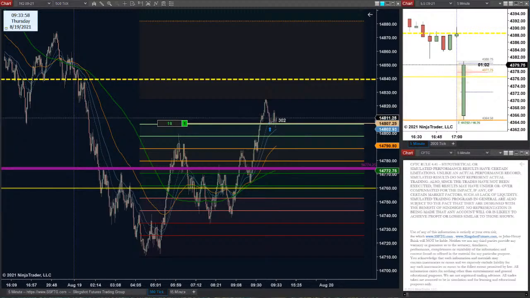Very strong bear bar, but absolutely no follow-through so far. I got a lot of wicking going on.